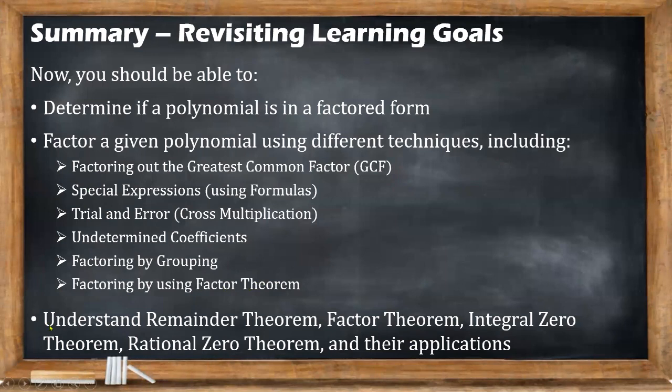And last but not least, understand the remainder theorem, factor theorem, integral zero theorem, rational zero theorem, and their applications. I didn't prove all theorems here, but you can check the proof for any of these theorems in the lecture slides after the class, okay?